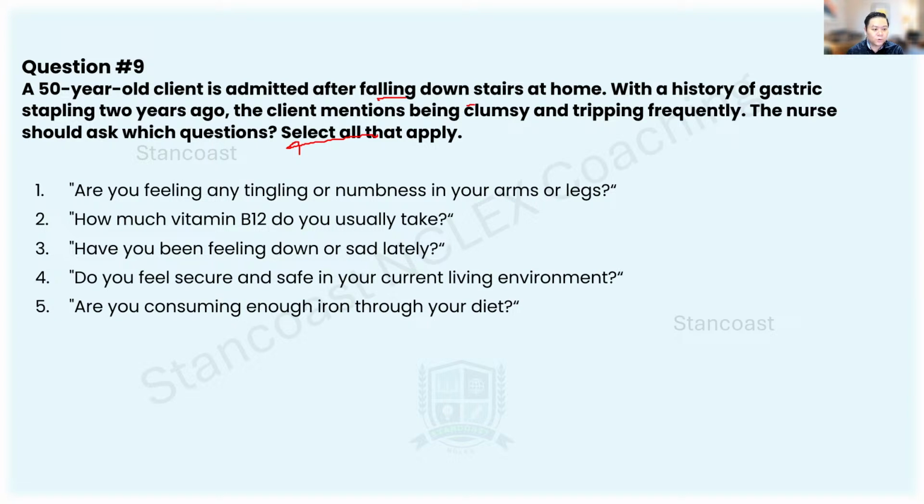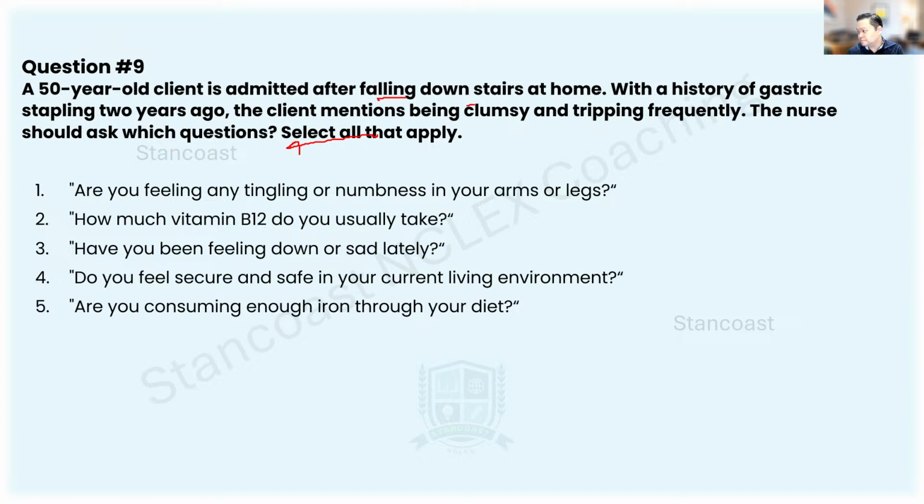And then you also have to ask how much vitamin B12 they usually take. Ask them about the dose, maybe because they are not following the recommendation, and probably they are not compliant with the therapy. That simply means they are not achieving the recommended dosing.